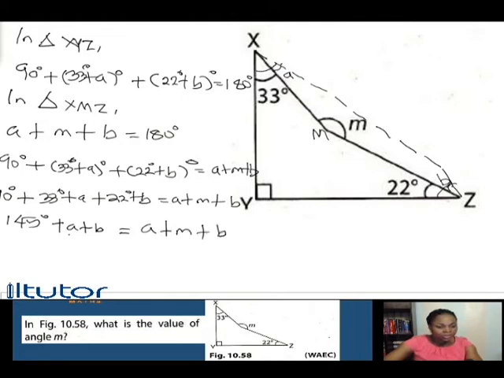So we have A plus B common to both sides, and if this A plus B goes over to this side, it goes off.